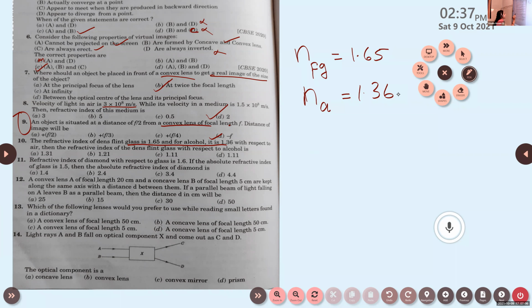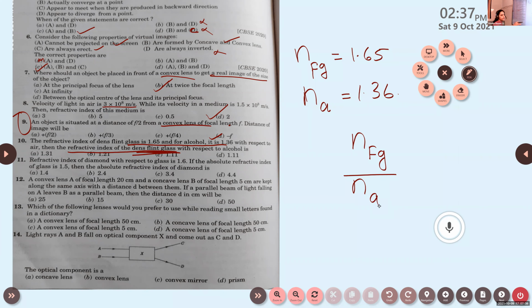So here, please read the question carefully. Here we want to calculate the refractive index of dense flint glass. So the refractive index of dense flint glass, n_FG, with respect to alcohol, that is n_A. We need to give preference to which medium? We want to calculate the refractive index of which medium? Here we want to calculate the refractive index of dense flint glass with respect to alcohol.